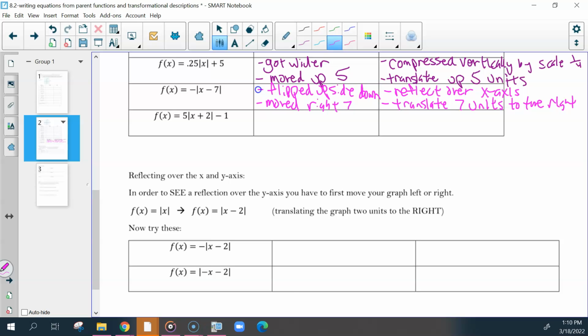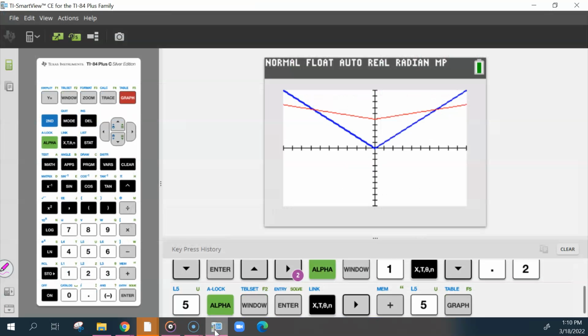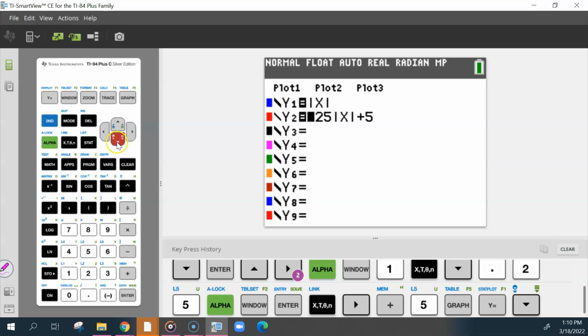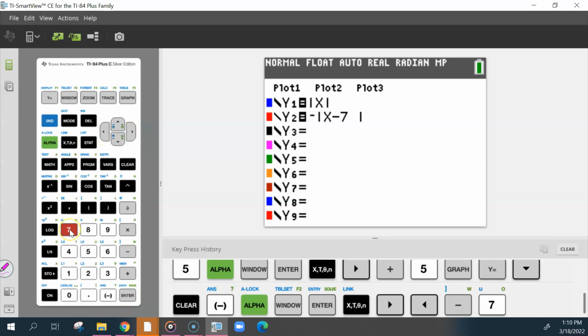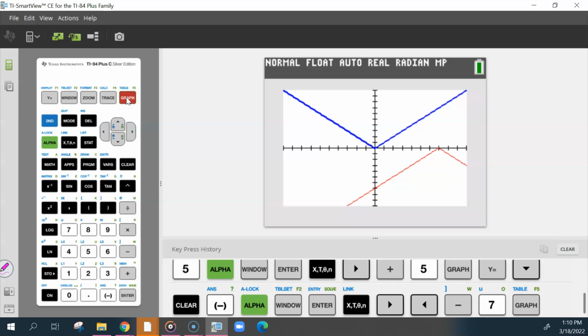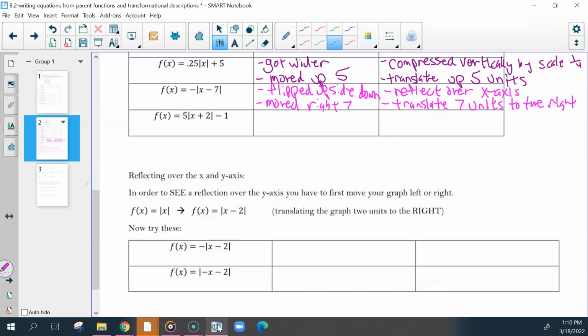So when I put that in, let's see what happens. Go back to my Y equals, clear the second one out, put negative alpha window, my x, and on the inside I need -7, and then graph. So there's my original. It was definitely flipped upside down, and I could see it was moved to the right, so what I put was correct.